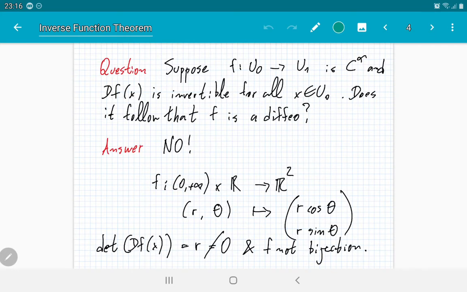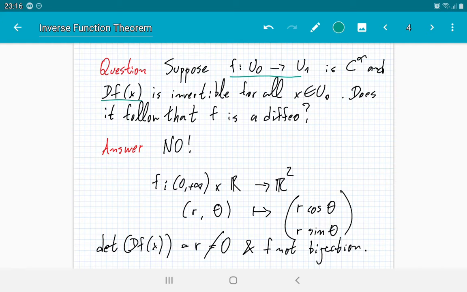I can ask this question: is it true that if I have a C alpha function between two sets and the derivative is always invertible, it follows that this function is a diffeomorphism? Remember, in order for that to hold, you need the function to be a bijection, and you need it to have an alpha times differentiable inverse, and the derivative of the inverse of order alpha has to be continuous.